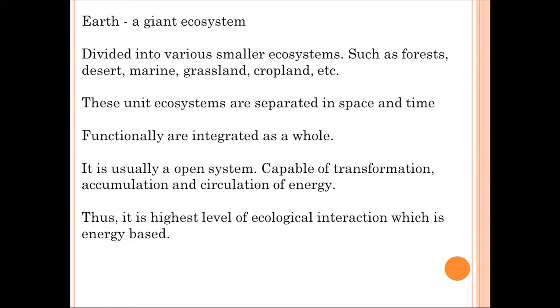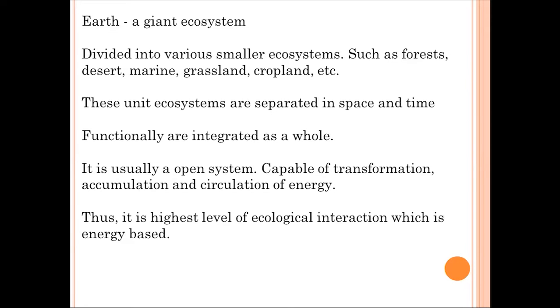Water from rivers meets oceans, and during this, various biological communities and inorganic elements are transported to the sea. You must have heard of migration of fish.